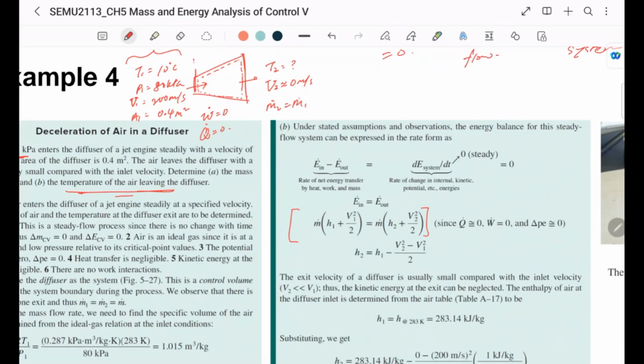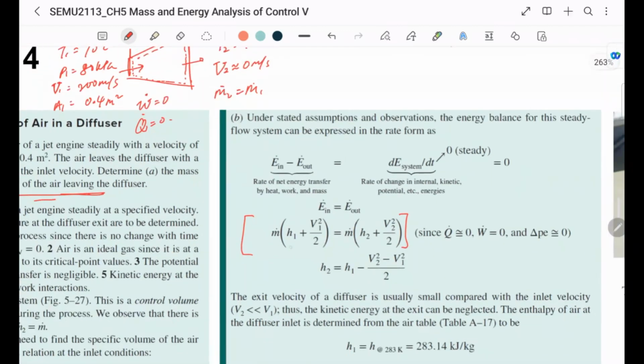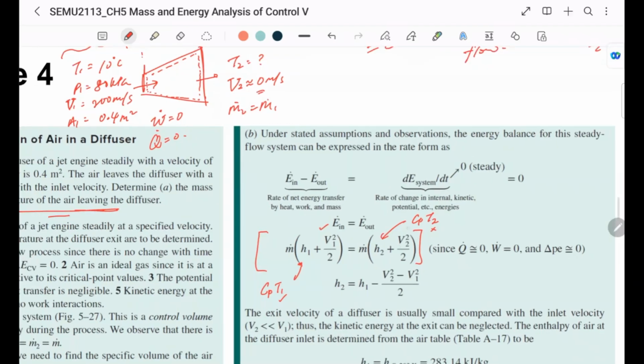Okay, so H1, we can calculate based on CP T1. And H2, obviously, we can calculate based on CP T2, which T2 we don't know, T1 we know. Velocity 1 we know. Velocity 2, the question says is very small, almost 0, so we can treat it as 0.